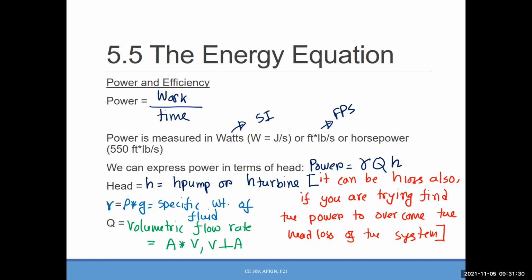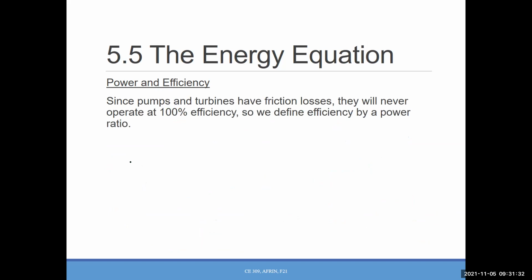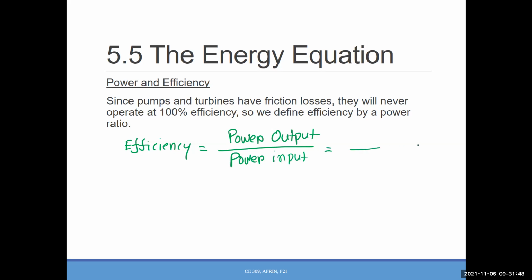So let's write it down. The efficiency is power output over power input. And we know how to calculate power output. So I will write down the equation, and here it's power input.